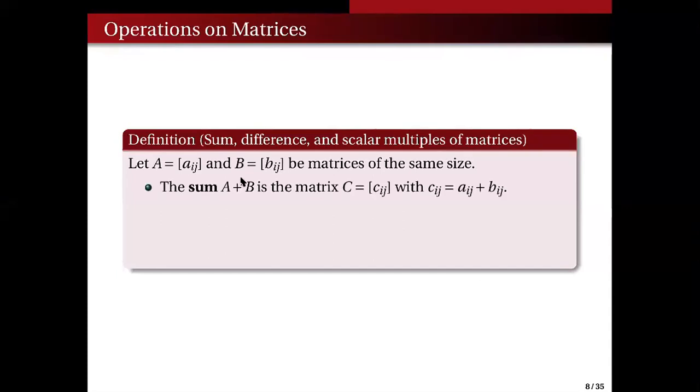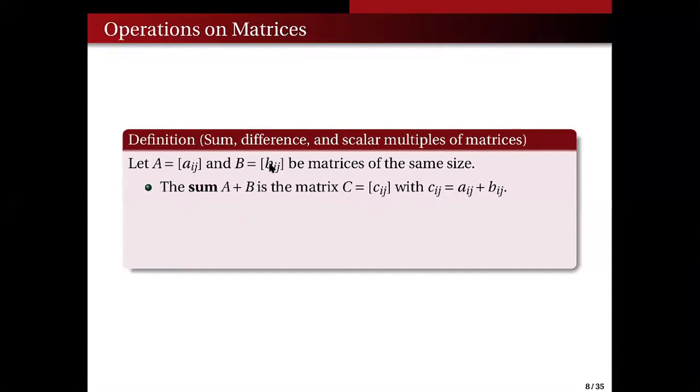So we define the sum A plus B. Okay? So this is the matrix C. Of course, the entries will be Cij since we use capital C, where Cij is equal to Aij plus Bij.